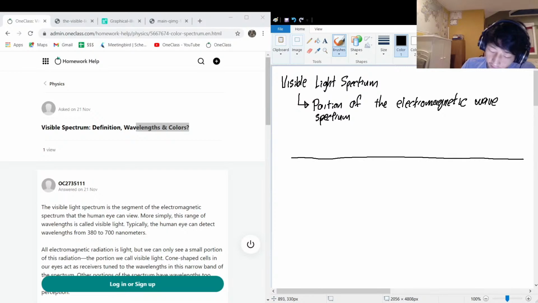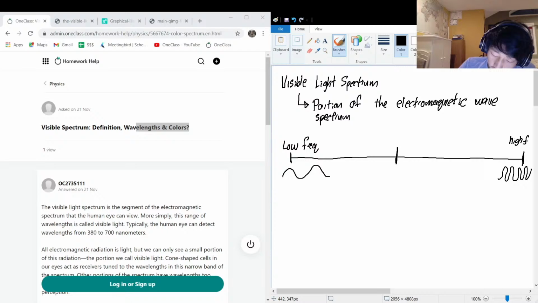Suppose we have the electromagnetic wave spectrum here. Here we have low frequency, and here we have high frequency. At low frequency, the wave looks more like this, and at high frequency, it's a little bit more frequent.